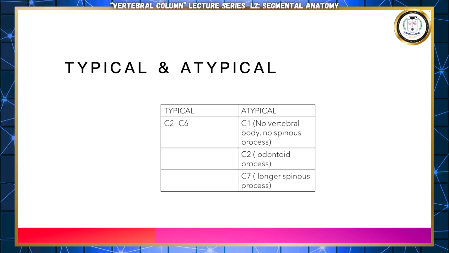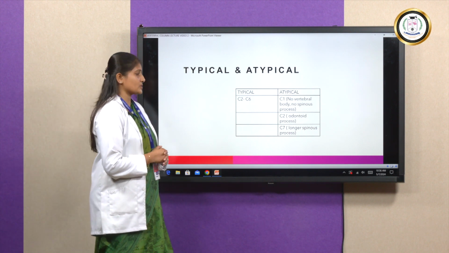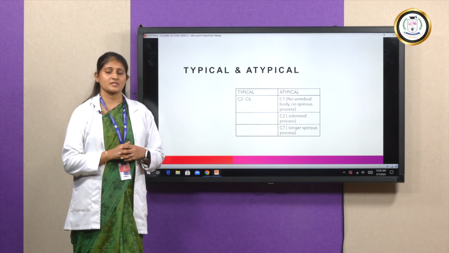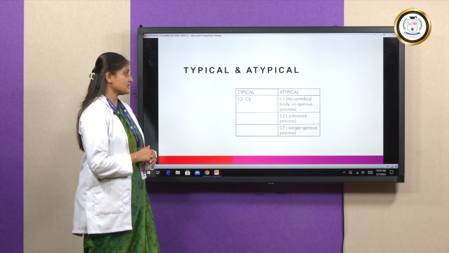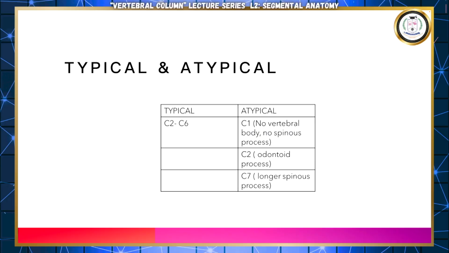Next we will move on to the typical and atypical vertebrae of the cervical region. At first we have the typical vertebrae. Those are the vertebrae which have similar features. So C2 to C6 are typical vertebrae, and coming to the atypical vertebrae, there are 3 atypical vertebrae in the cervical region.